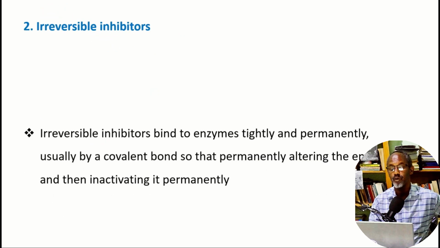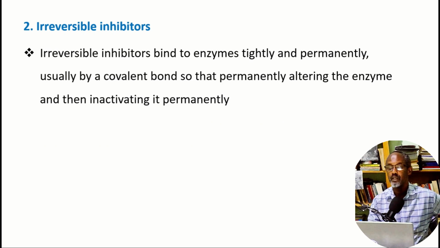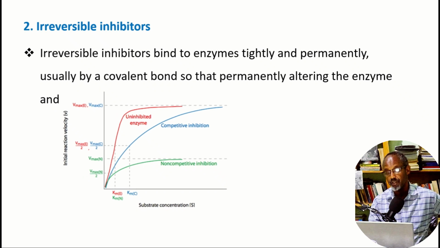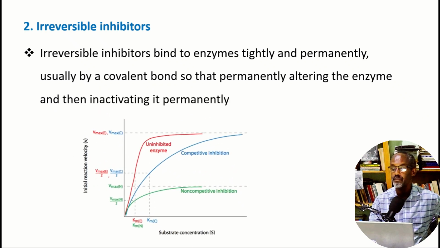Irreversible inhibitors bind to enzymes tightly and permanently, usually by strong covalent bonds, permanently altering the enzyme and inactivating it permanently, of course. You can see the graph here. Without inhibitor, you can see the competitive inhibitor there. Then non-competitive inhibition.